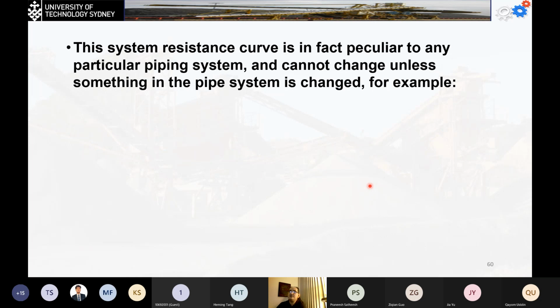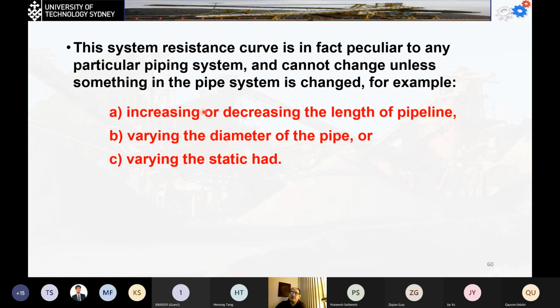The system resistance curve is in fact peculiar to any particular piping system and cannot change unless something in the pipe system is changed, for example increasing or decreasing the length of the pipe, varying the diameter of the pipe, and varying the static head.